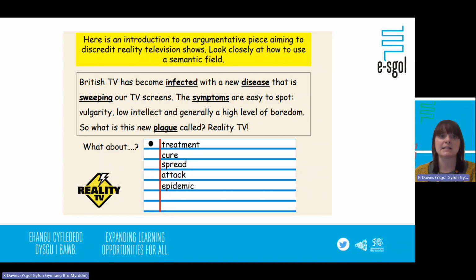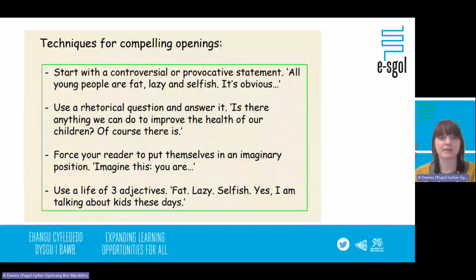The symptoms are easy to spot: vulgarity, low intellect, and generally a high level of boredom. So what is this new plague called? Reality TV. So other things you could use for that semantic field would be things like treatment, cure, spread, attack, epidemic. So keeping them all linked to those medical type terms, okay? And really playing on that idea is a really clever way to go about it.